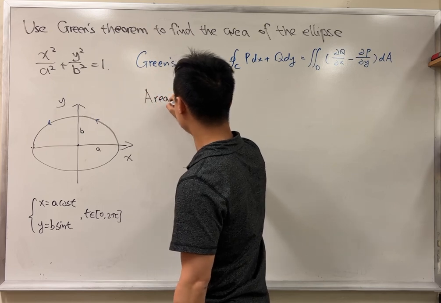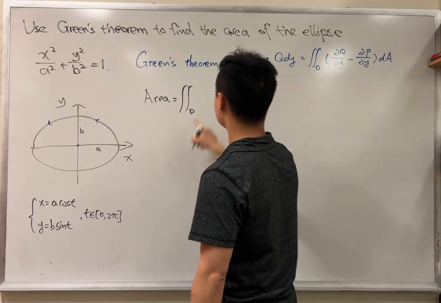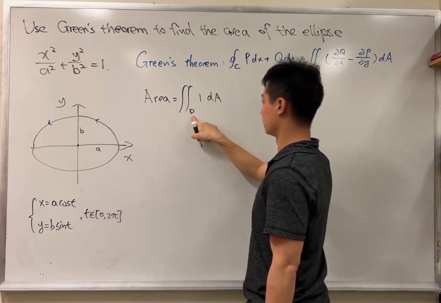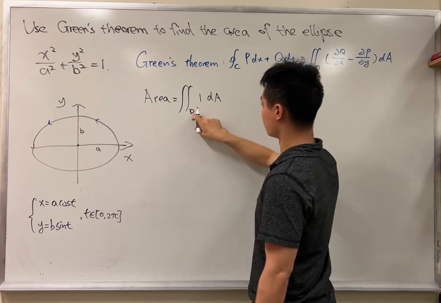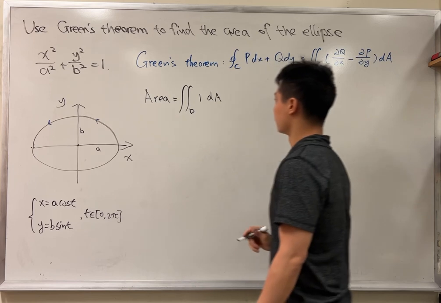The area of the ellipse can be expressed as a double integral of the function 1 dA, where this region D represents the interior of this ellipse.